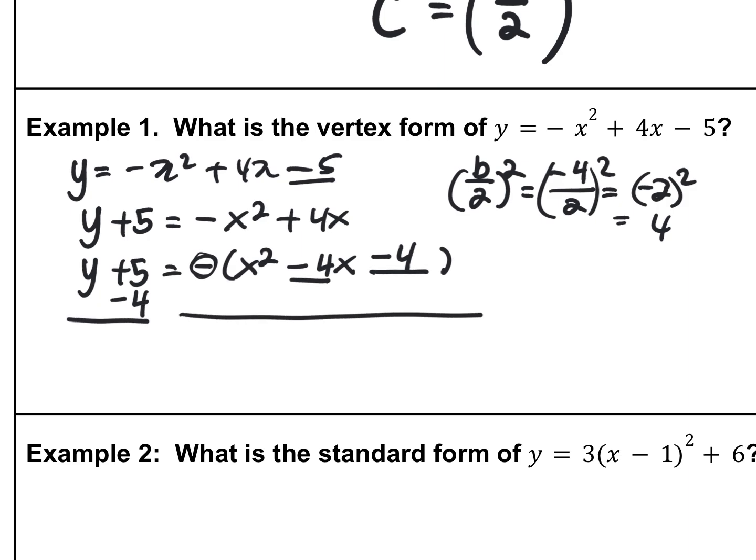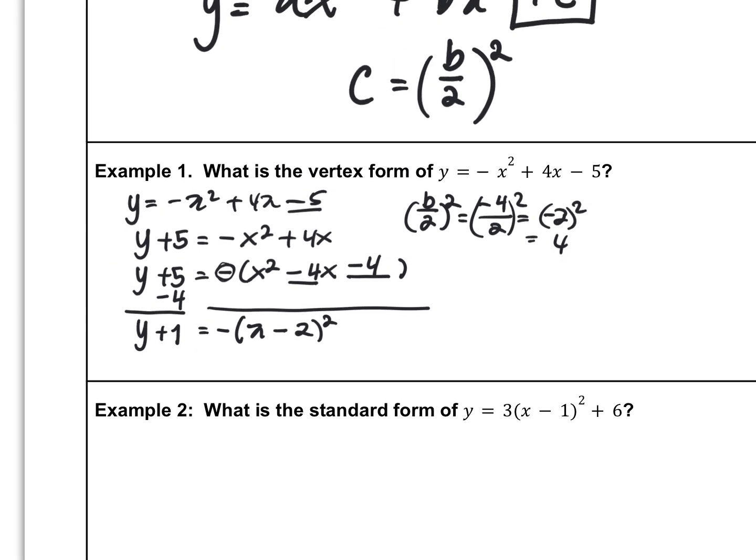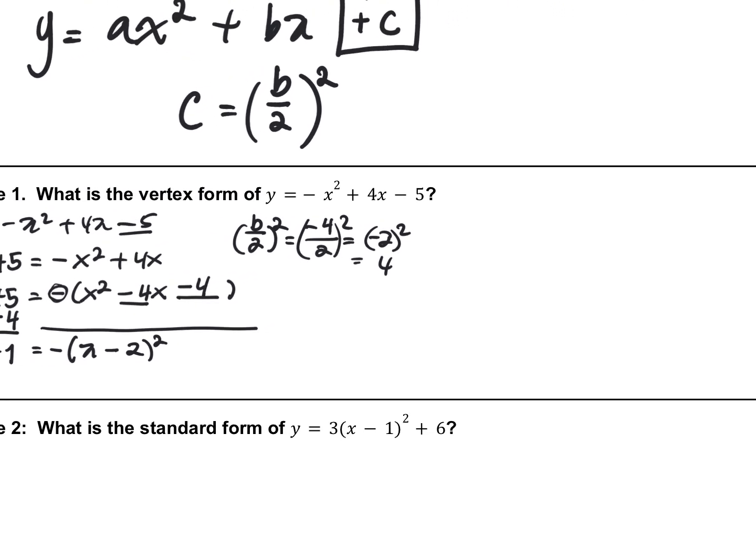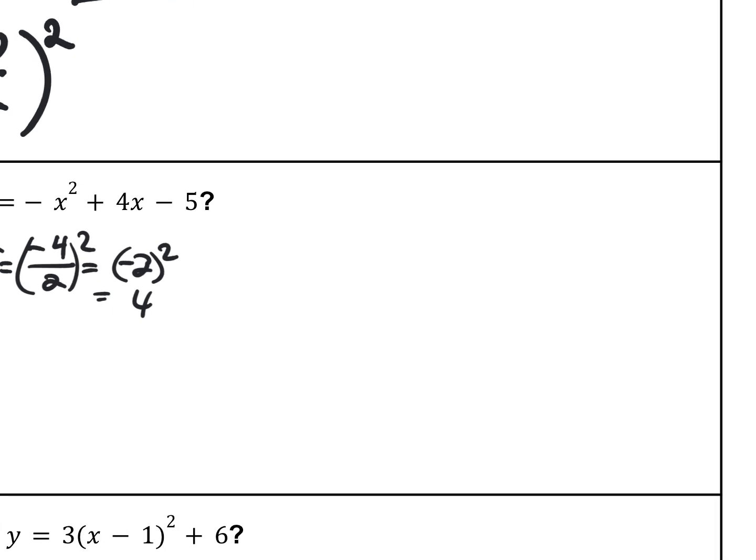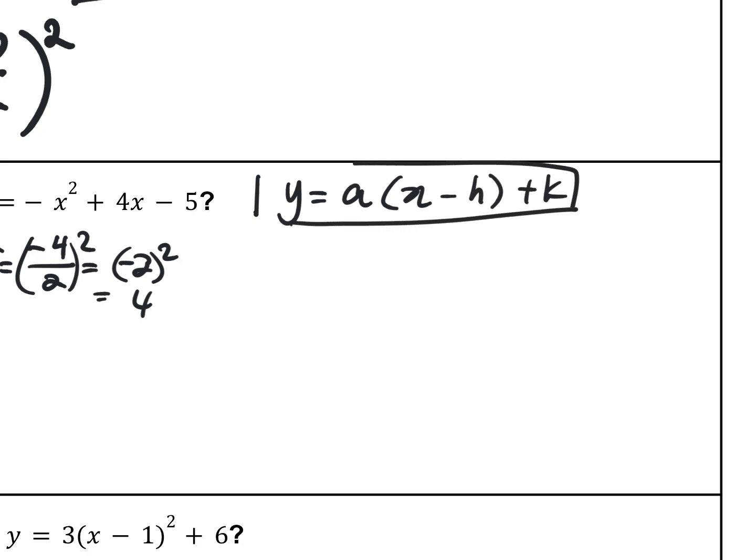Okay, so let's simplify the left side. That's going to give you y plus 1. While in here, still the negative is outside. That's going to give you (x minus 2) squared. Okay, so now since we're asked for the vertex form, let us rewrite the vertex form here. The vertex form is y is equal to a times (x minus h) squared plus k. It's going to be in this form.